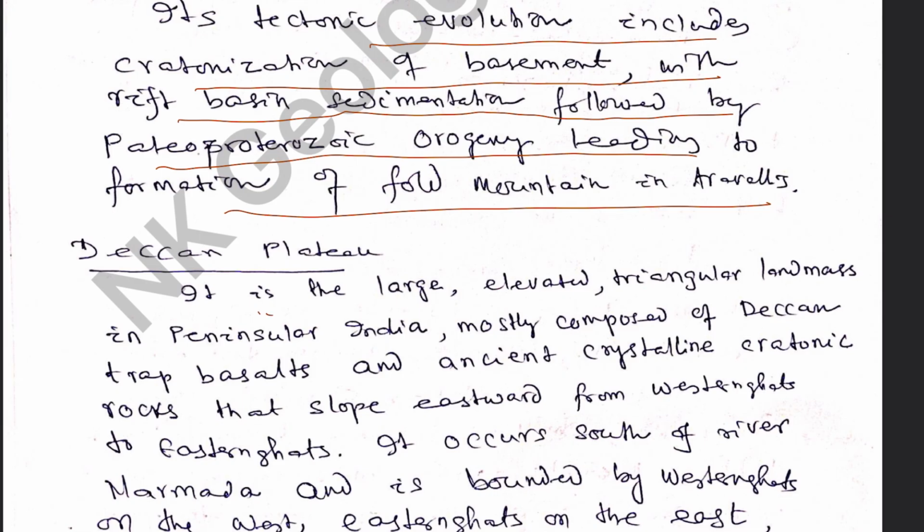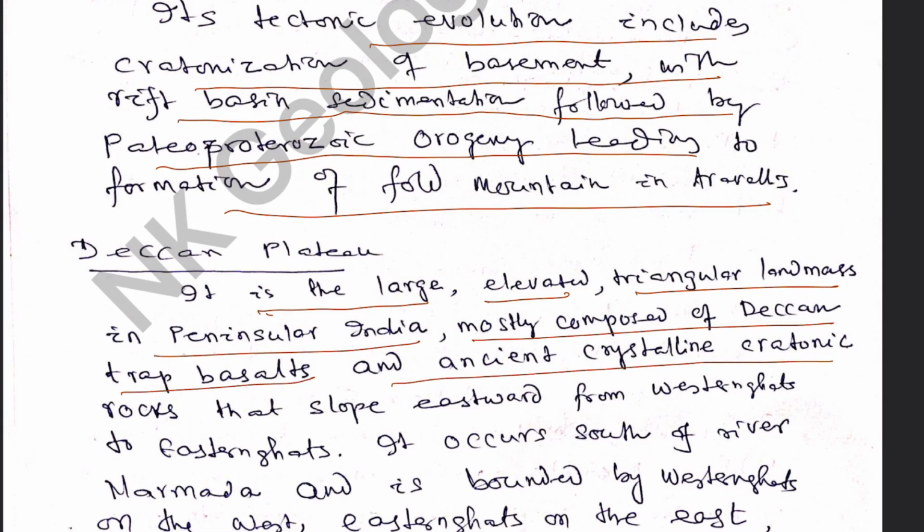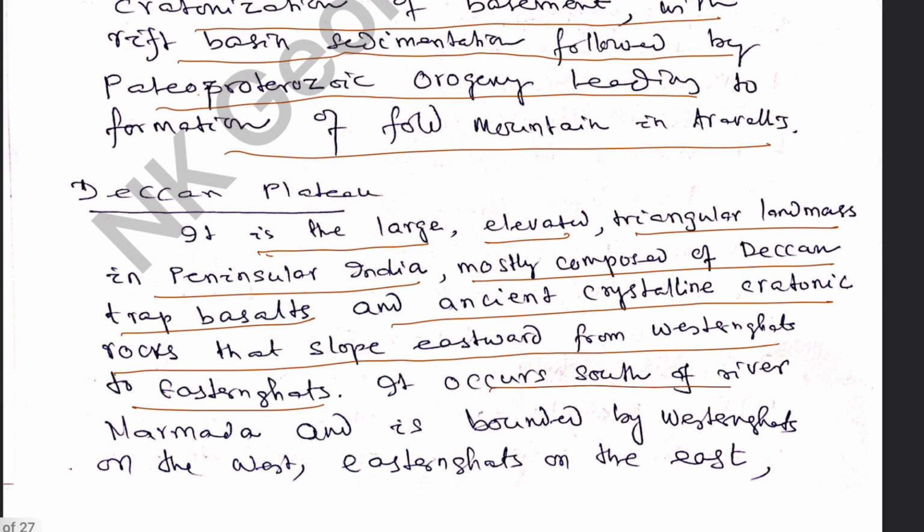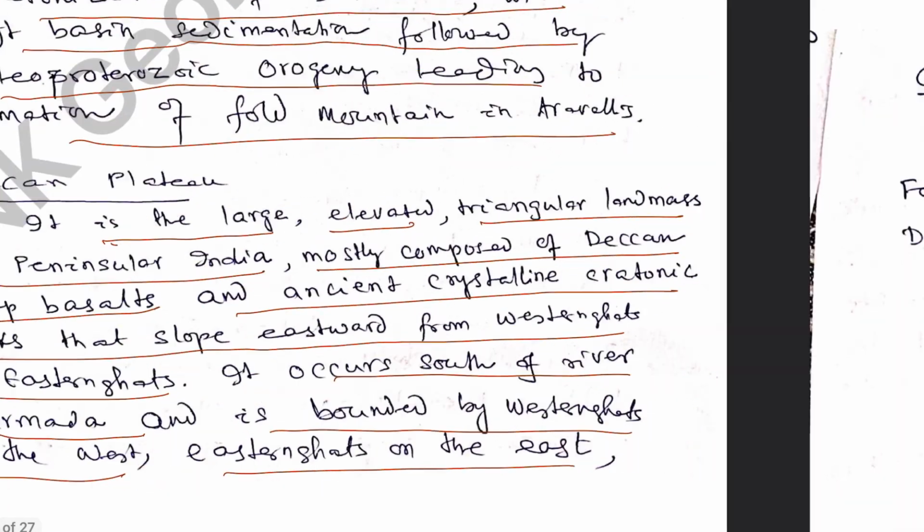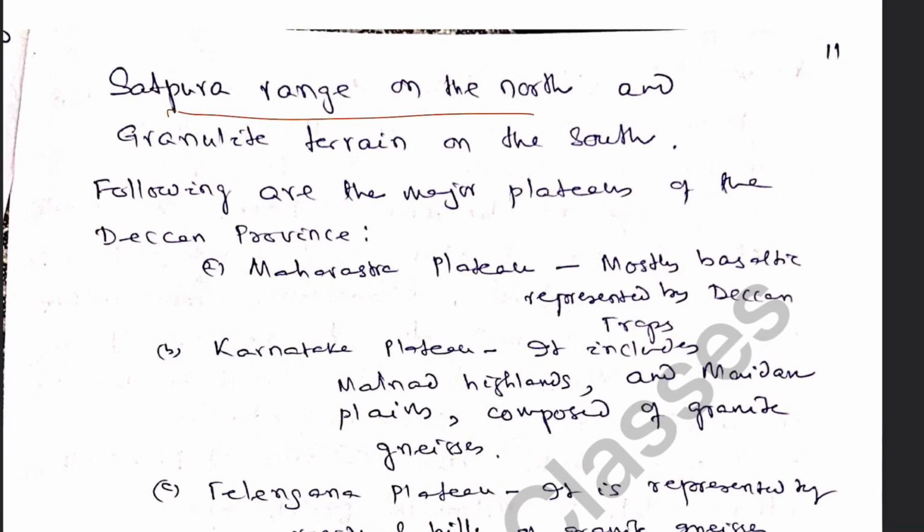So Deccan Plateau is a large elevated triangular landmass in peninsular India, mostly composed of Deccan trap basalts and ancient crystalline cratonic rocks that slope eastward from the Western Ghats to Eastern Ghats. It occurs south of river Narmada and is bounded by Western Ghats on the west, Eastern Ghats on the east, Satpuras on the north, and the granulite terrain in the south, that is the Pandyan Mobile Belt.